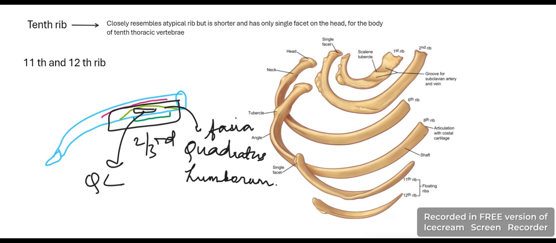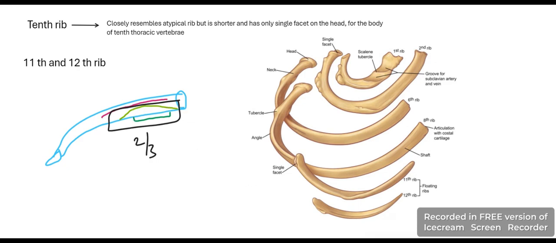Now the internal intercostal muscle is inserted near the upper border. This is the internal intercostal muscle.